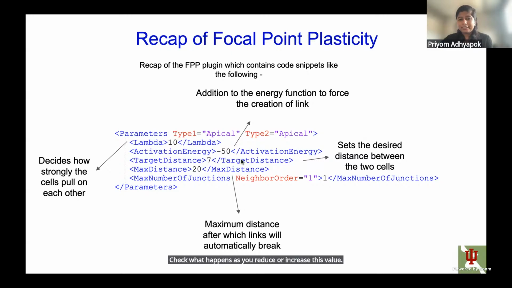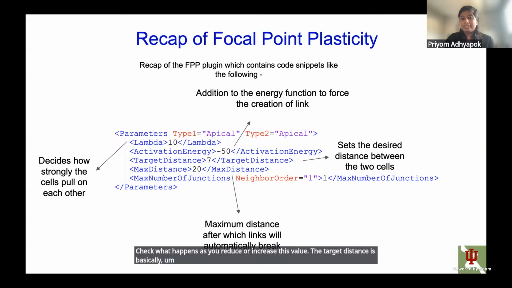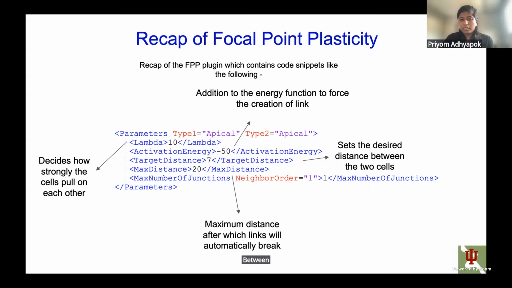The target distance is basically the desired target distance between two cells, while the maximum distance sets a cutoff for the maximum link distance over which the focal point plasticity link, the FPP, could be created.